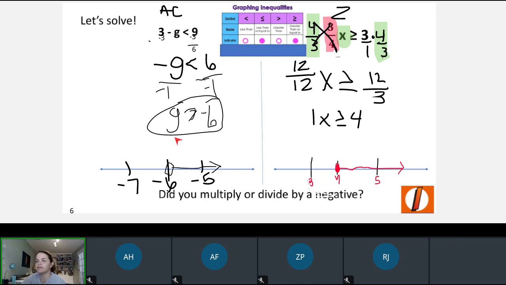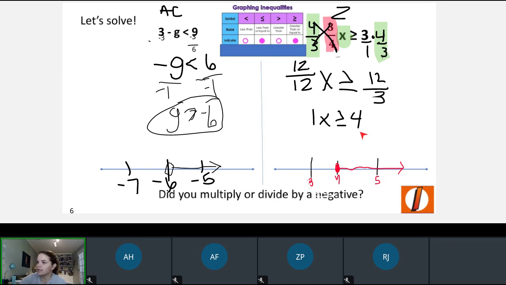So then she got positive g is greater than, she had to flip her sign because she'd divided by a negative number. So g is greater than -6. She put an open circle at -6 and shaded to the right because we want all numbers that are greater than -6.